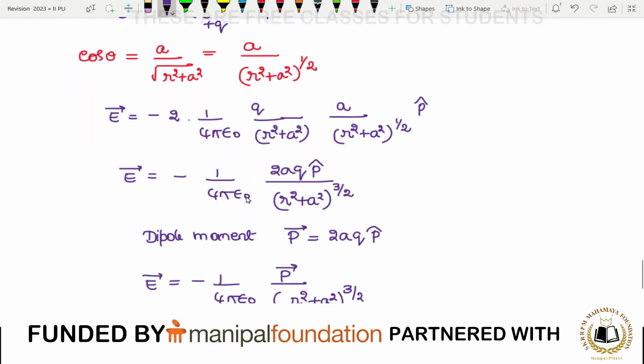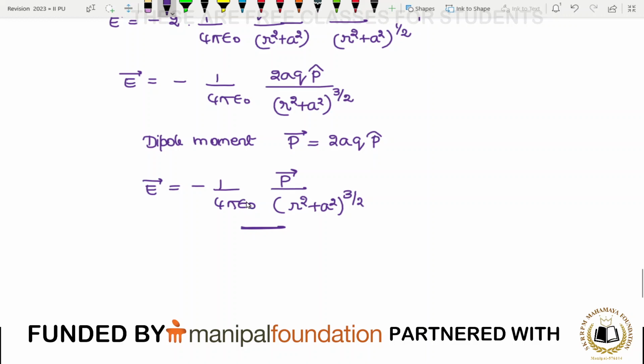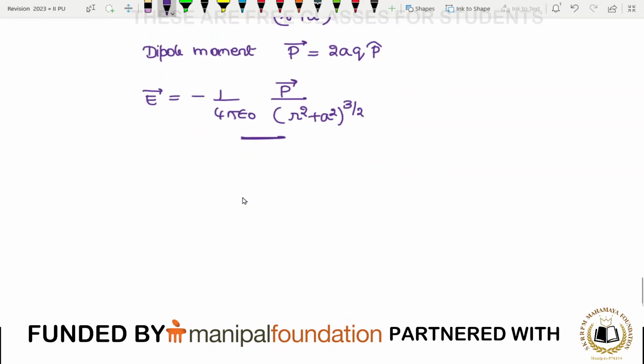So 1 by 4 pi epsilon naught 2AQ P cap divided by R square plus A square power 3 by 2. Dipole moment P vector equal to 2AQ P cap. Replace that here. So the equation becomes minus 1 by 4 pi epsilon naught P vector divided by R square plus A square power 3 by 2. Okay, next we can write one note for short dipole.